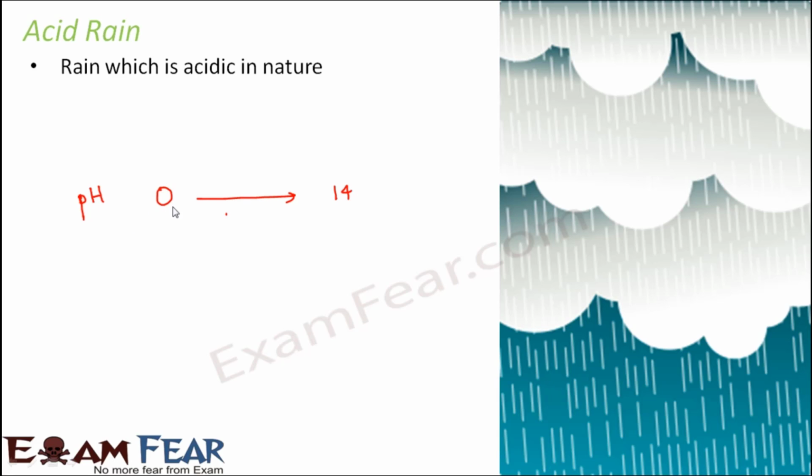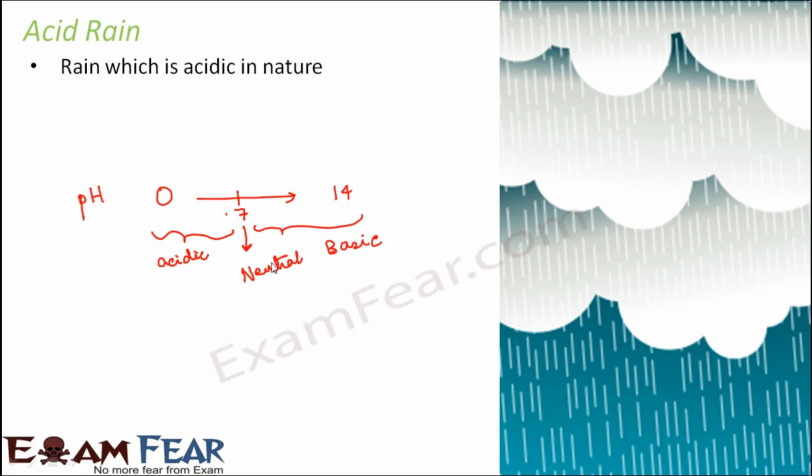If the value of pH is between 0 and 7, any value less than 7, that means the solution is acidic. Any value between 7 and 14 means the solution is basic. And if a solution has a pH value of 7, that means the solution is neutral. So this is how we identify whether a particular solution is acidic, neutral or basic.